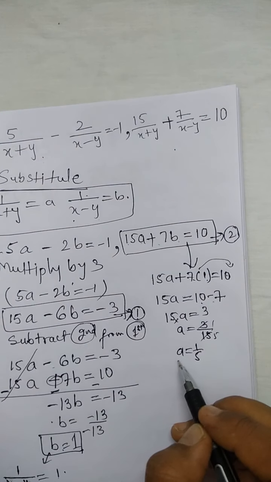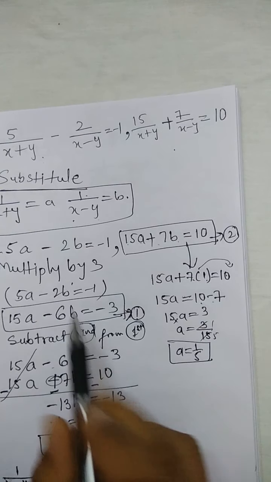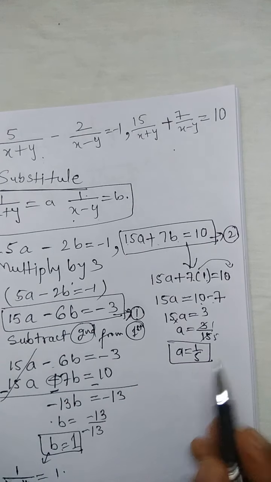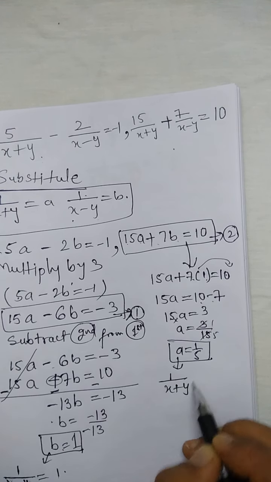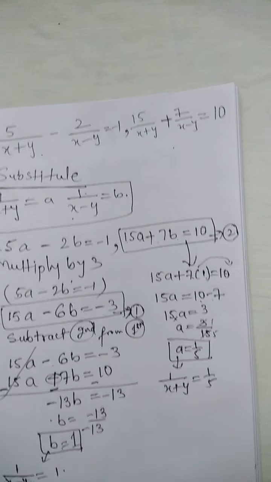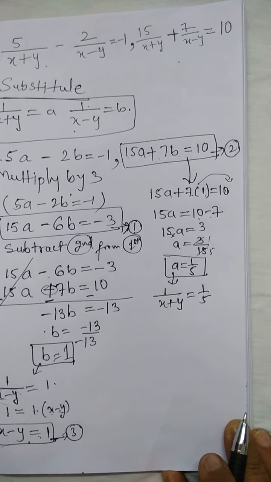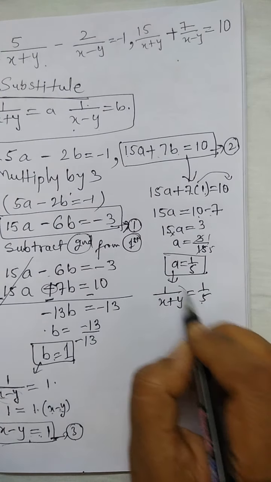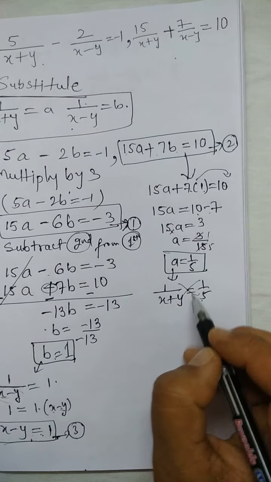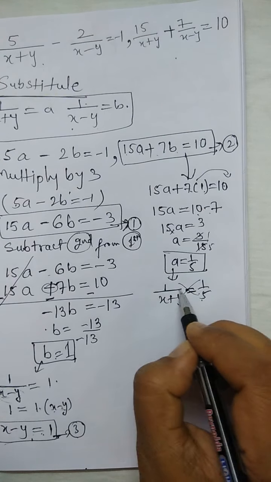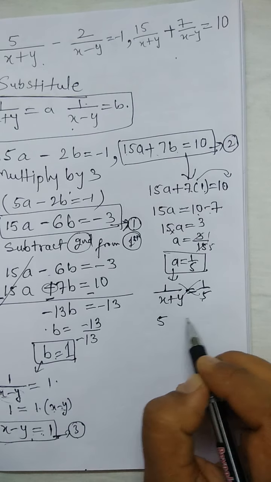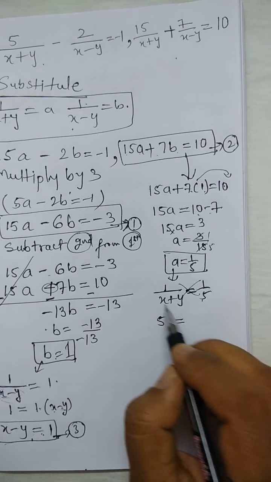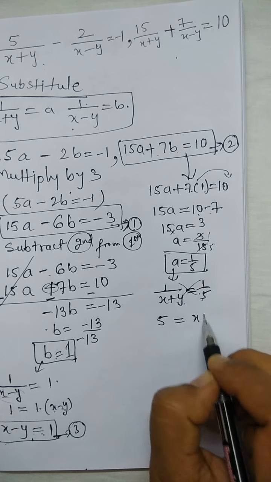Now from substitution, what is the value of a? 1 upon x plus y. So put here 1 upon x plus y equals 1 by 5. Right, all of you understanding? Then cross multiply. Whenever there is an equal sign in the middle and fractions on both sides, you have to cross multiply. 1 fives are 5 equals x plus y.